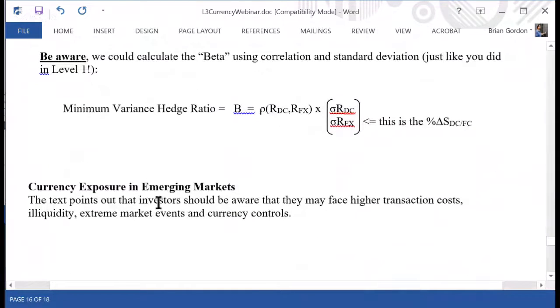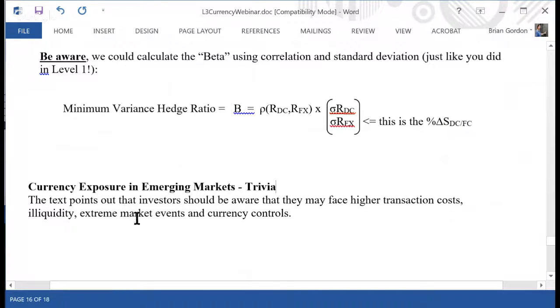The last learning outcome statement is about looking at currency exposure in emerging markets. And this could just be trivia, maybe qualitative. Just be aware that with the emerging markets, think about this: higher transaction costs, illiquid investments.